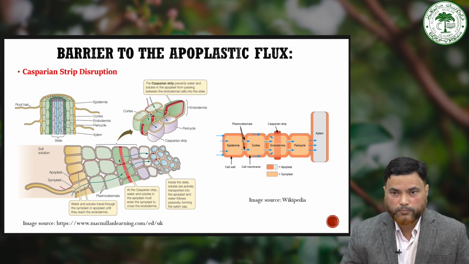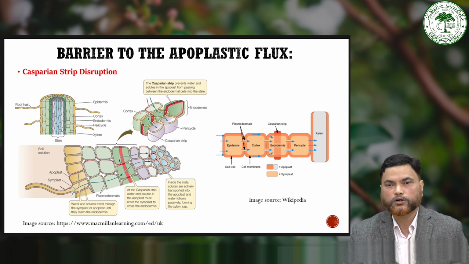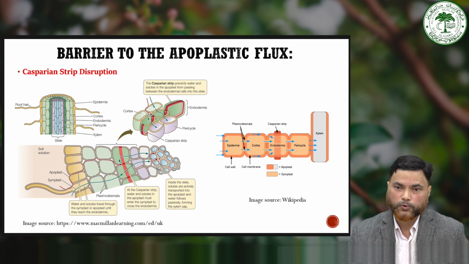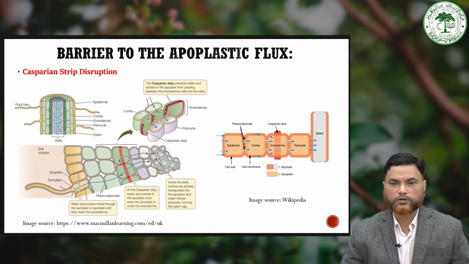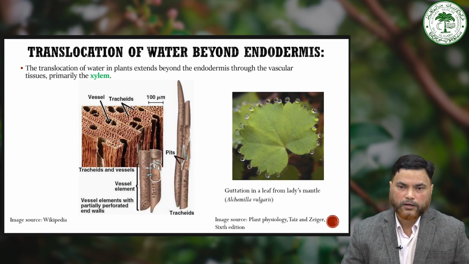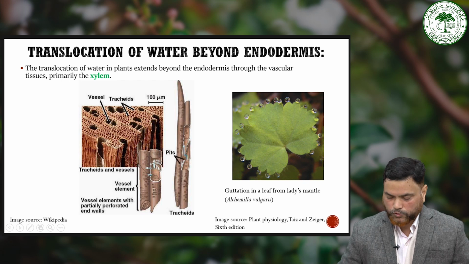So, water molecules and solutes are forced to cross the plasma membrane of the endodermal cells in order to proceed further into the root. So, this is a sort of selective barrier that makes sure that substances pass through the living protoplast of the endodermis, and it regulates nutrient uptake and transport into the vascular tissue of the root.